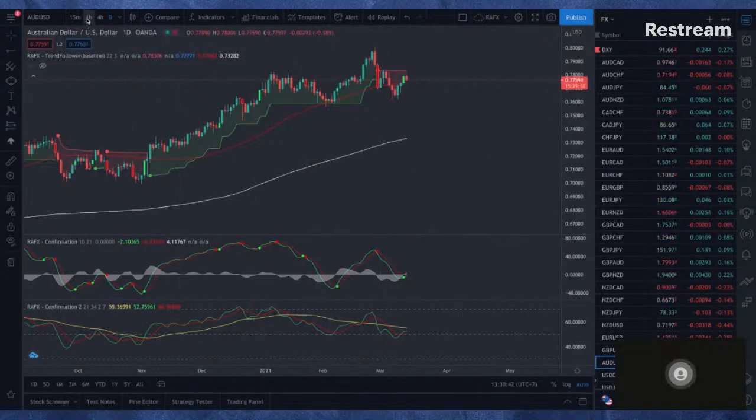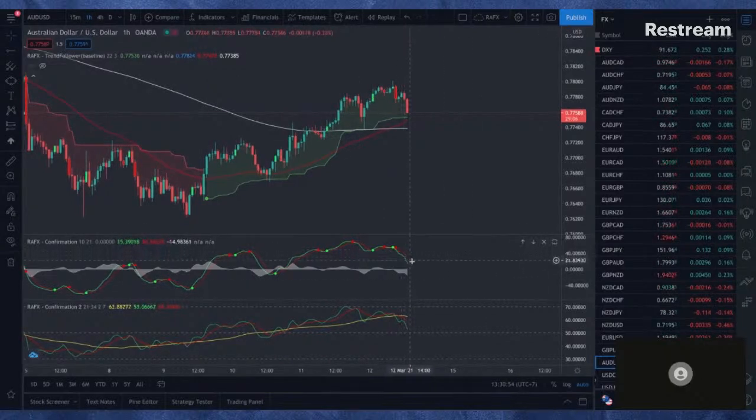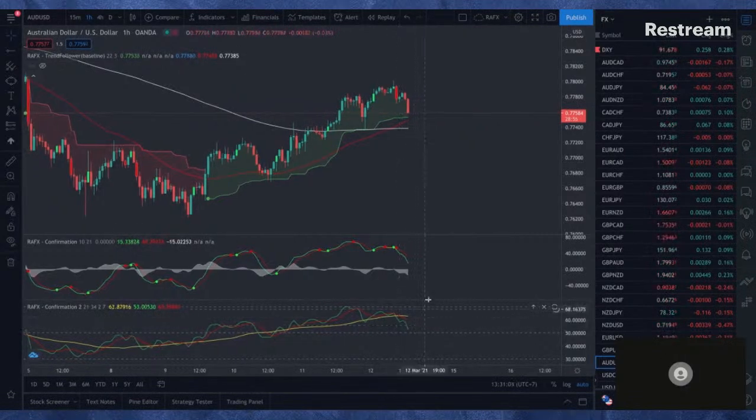So let's consult our 1 hour time frame, and it's good, but it is not good enough to enter because this one is still trying to sell, and also this signal is in a sell signal, so I am not going to enter in here. If these two improve, then I will take the trade.